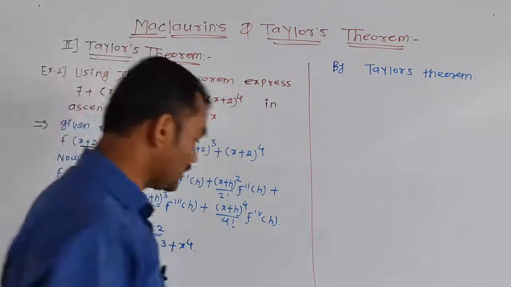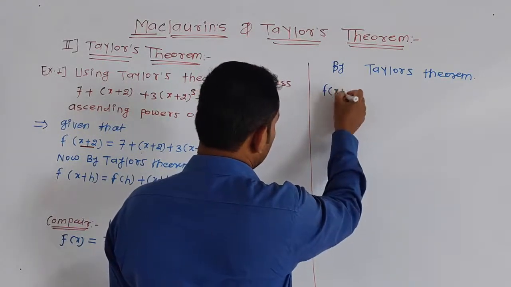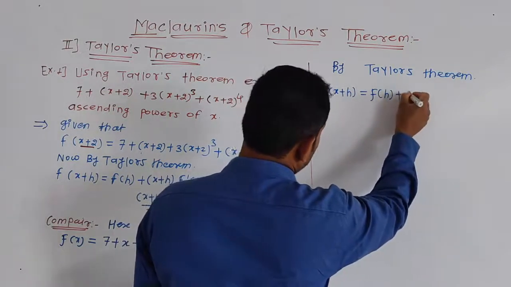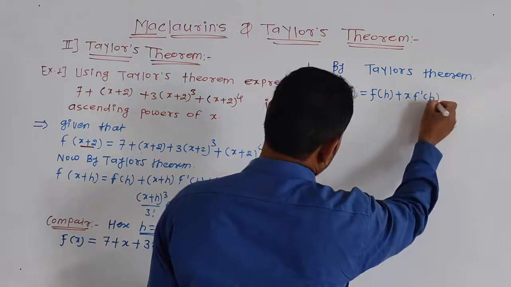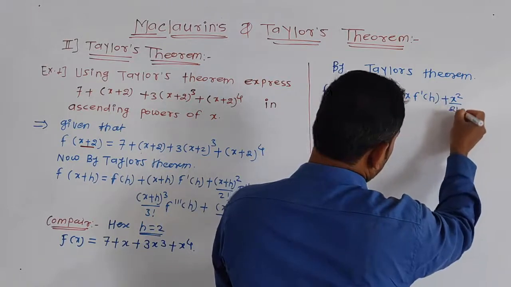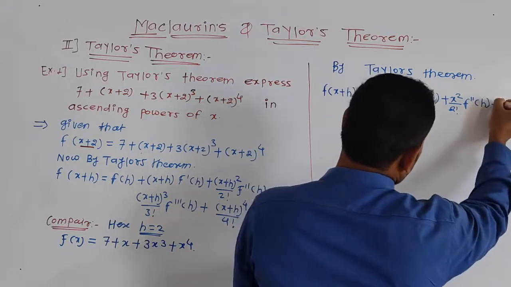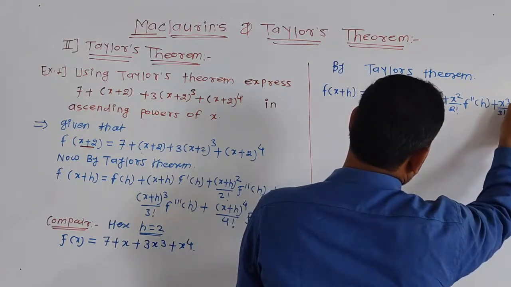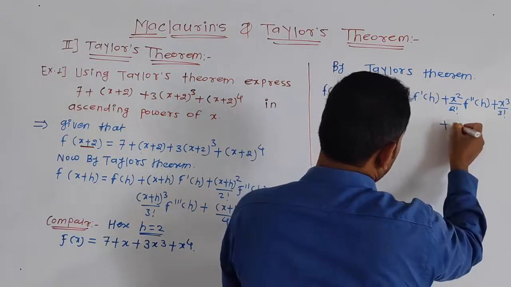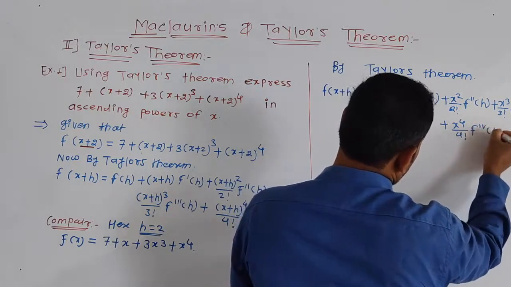For the ascending powers of x, we get f of x plus h is equal to f of h plus x f dash of h plus x square divided by 2 factorial f double dash of h plus x cube divided by 3 factorial f triple dash of h plus x raised to 4 upon 4 factorial f fourth dash of h.